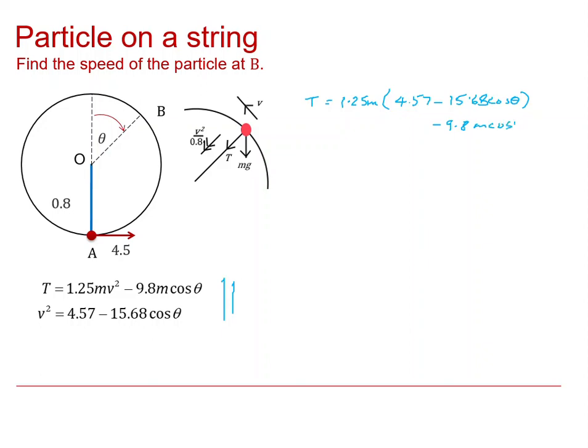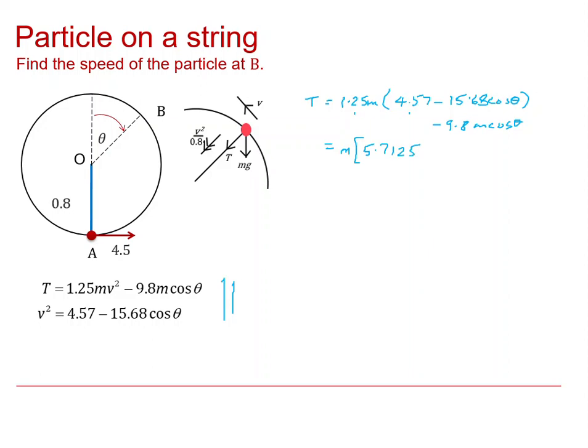Now the numbers are getting quite complicated here, so we need to keep a clear head. We're going to get a combination of two terms. The 1.25 times the 4.57 is going to be quite simple. Let's take an m outside the bracket, that makes it simpler. 1.25 times 4.57 is 5.7125.